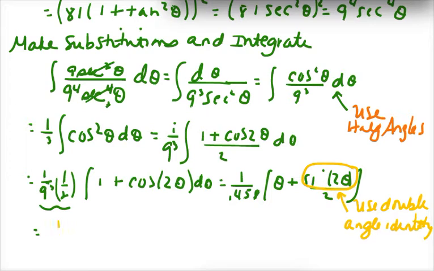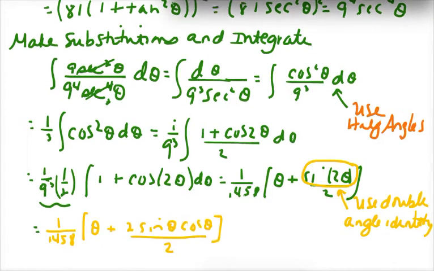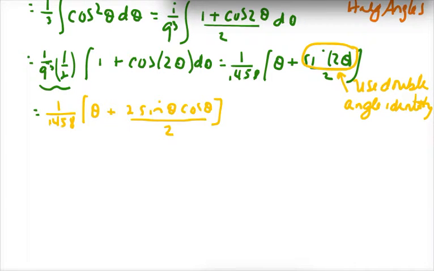So I'm going to use the double angle identity, and that's what's new here. I'm going to rewrite this, so it's 1458, and I'm going to replace sine of 2 theta with the double angle identity, which is 2 sine of theta cosine of theta over 2. Okay, so those 2's are going to go, and we're left with 1 over 1458 theta plus sine of theta and cosine of theta.